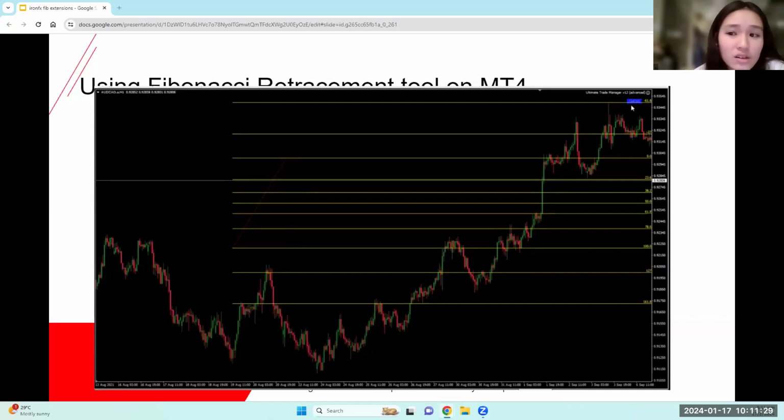And if you want to add or edit any Fibonacci levels, you simply right click on the Fibonacci trend line. It's pretty faint over here, there is a red dotted line, but this is what you will get when you right click on it.